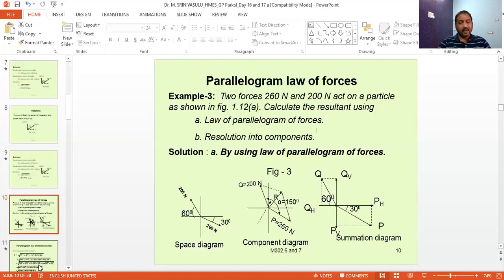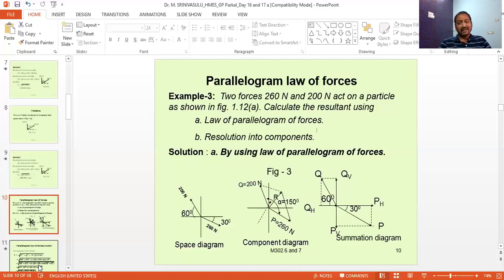Here the given 200 Newton force is making an angle of 60 degrees with horizontal, so the angle made by the 200 Newton force with y-axis is 30 degrees.